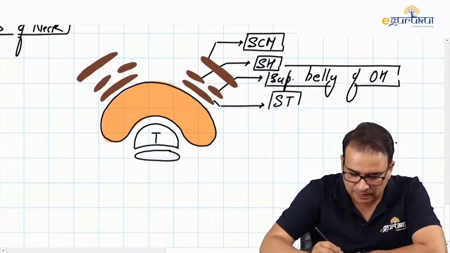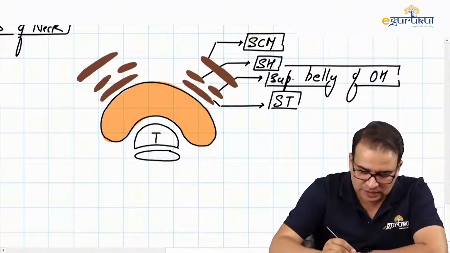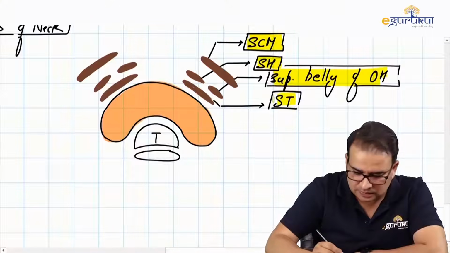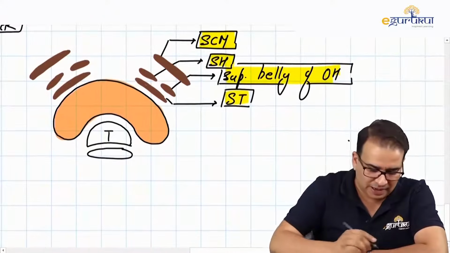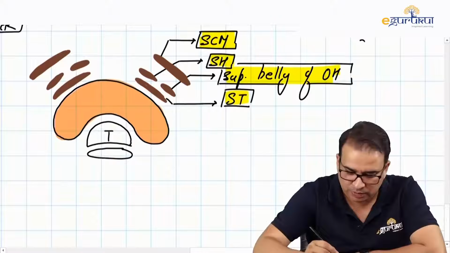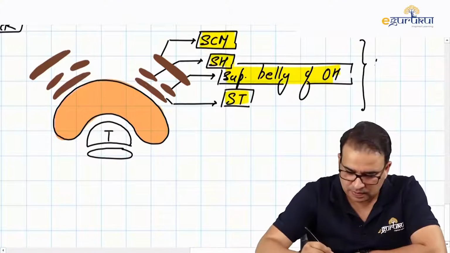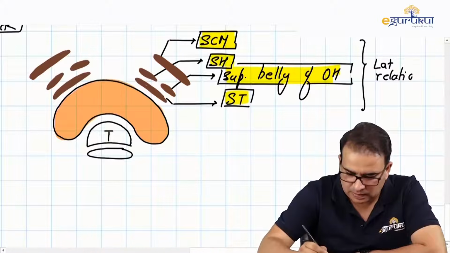Sternothyroid. So please note that these four muscles in that sequence form the lateral relation of the thyroid lobe.